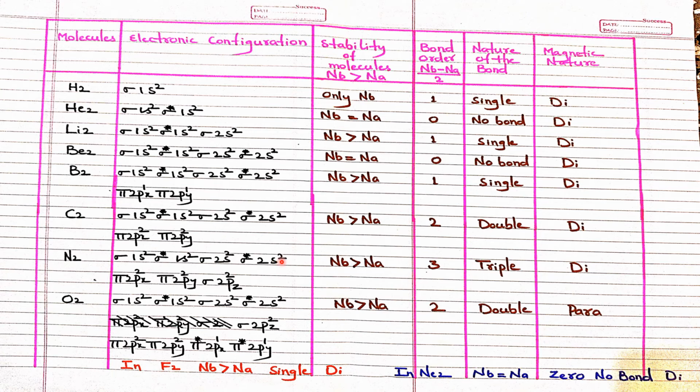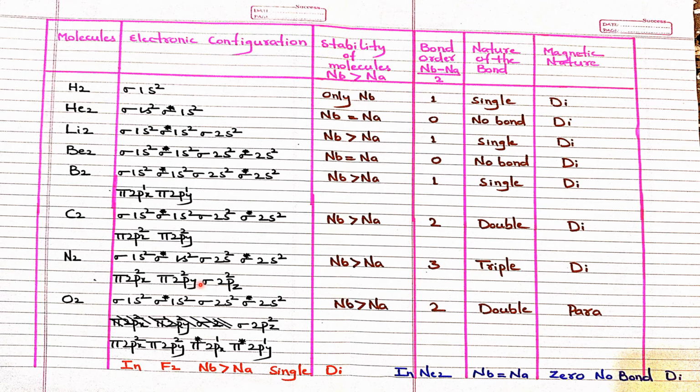Then (10 minus 4) by 2, it is 6 by 2, 3. So that means the triple bond is there in nitrogen. VBT said triple bond. How triple bond? MOT has confirmed here. Now it is diamagnetic. All are paired.